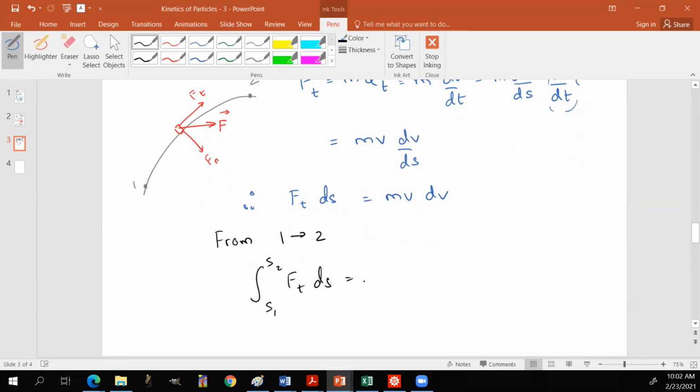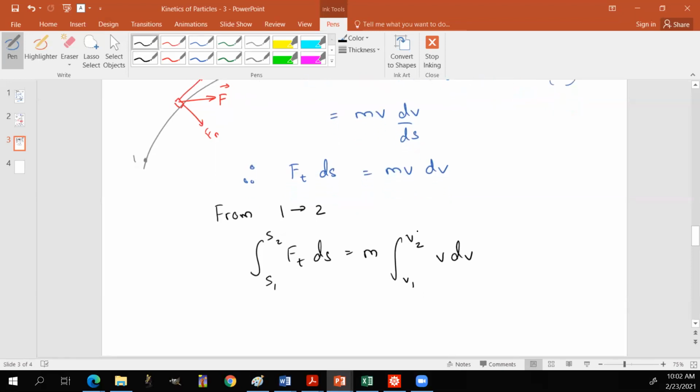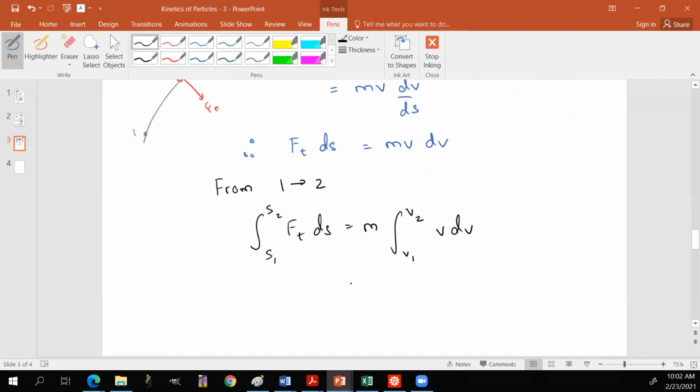Mass remains constant, so the mass comes outside, and you're changing the velocity from position 1 to position 2, v dv. When you take the integral of this and plug in your two velocities, you end up with 1/2 m v2 squared minus 1/2 m v1 squared.